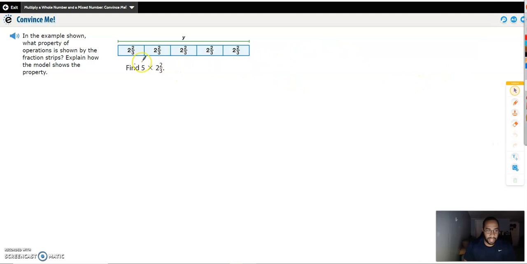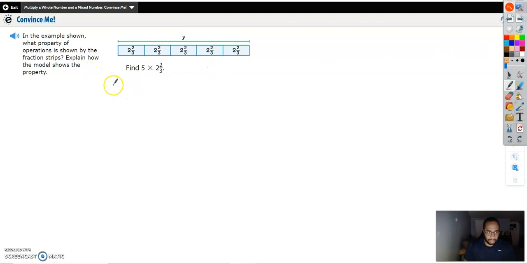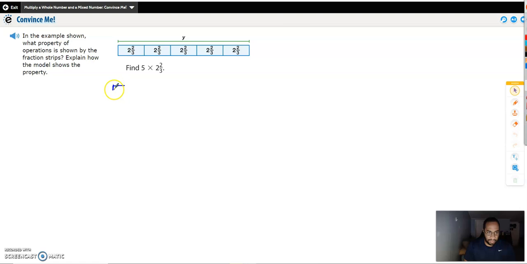So first thing, we have a problem here. Find 5 times 2 and 2/3. The problem is going to be solved by multiplication. So 5 times 2 and 2/3.